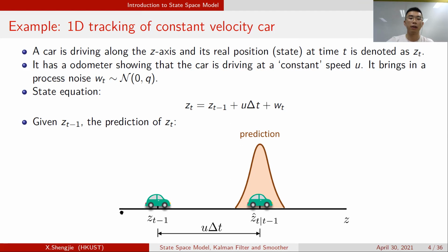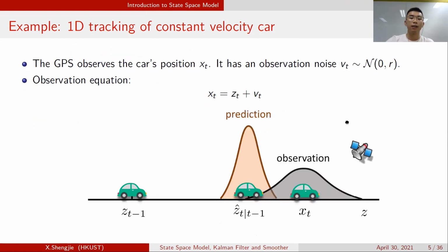For example, now the car is here, we can make a prediction of our car at t, and it will look like a bell because it follows a Gaussian distribution. So this is describing how the car is driving along an axis.